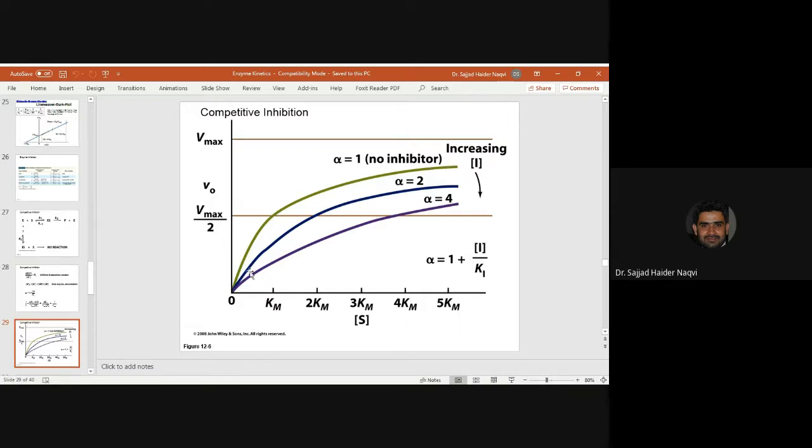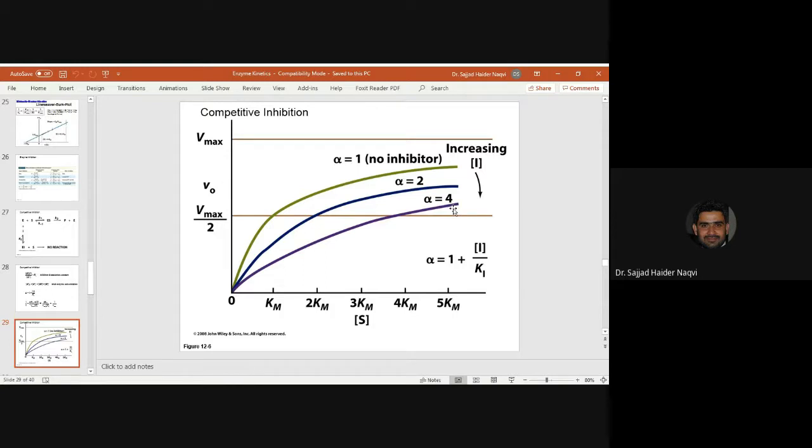In the presence of the inhibitor, with a slight concentration of inhibitor, what actually happened? If you compare this green line with the blue line, what has been changed? You can see that the final velocity, or the Vmax, has been changed. If you have more inhibitor concentration, there is more decrease in the final velocity.